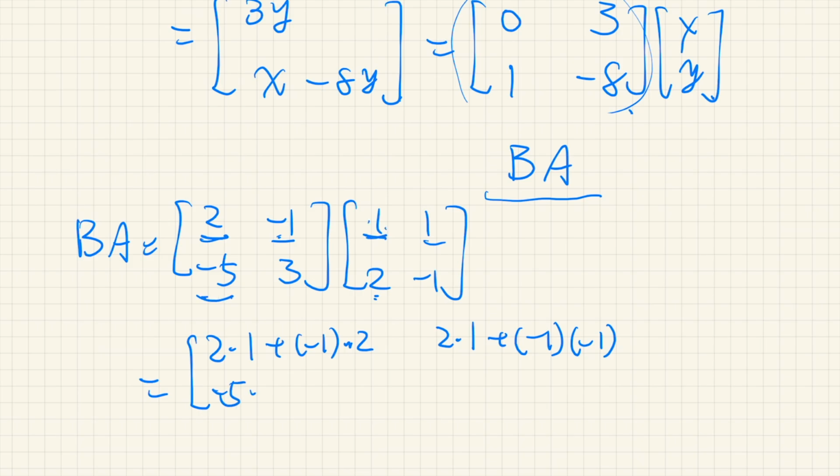So this times this plus this times this, and 1, 3 times 2, and -5 times 1, this times this plus this times this, and 3 times -1.